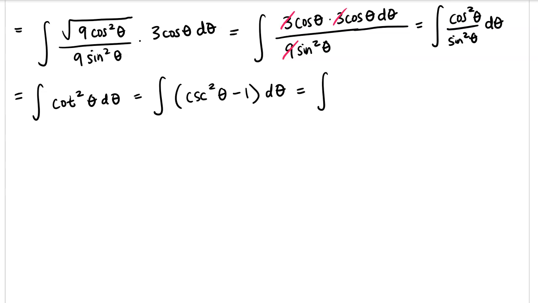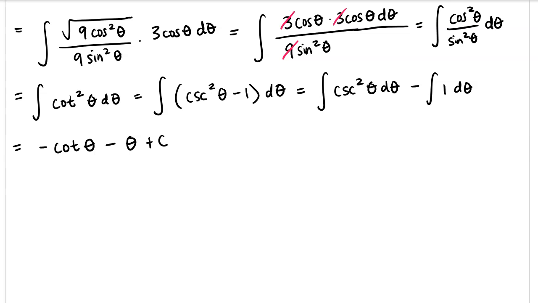So I can split this up into two separate integrals. The antiderivative of cosecant squared is negative cotangent of theta, and the second integral evaluates to theta. So we have negative cotangent of theta minus theta plus our constant of integration.